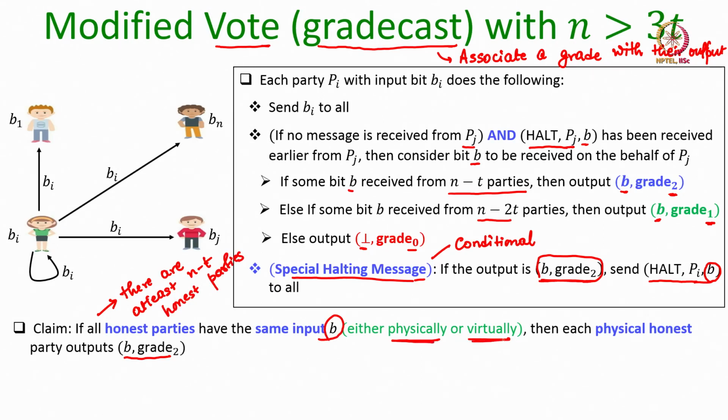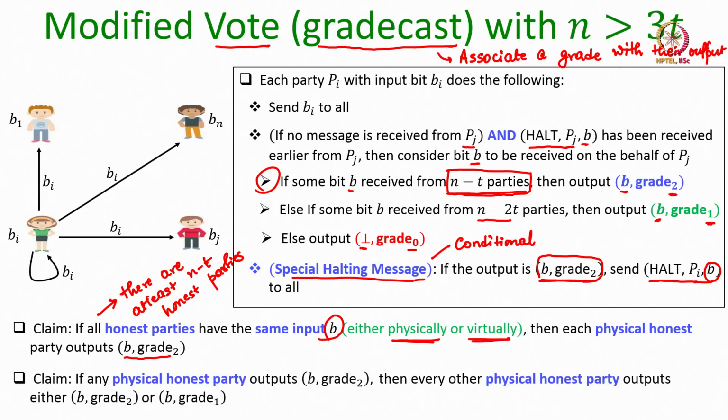When I say virtually with bit b, that means they have sent a halting instruction with b as the message. So, that means at this step every party would have received n minus t copies of the bit b, and hence they will output the bit b with the highest grade.